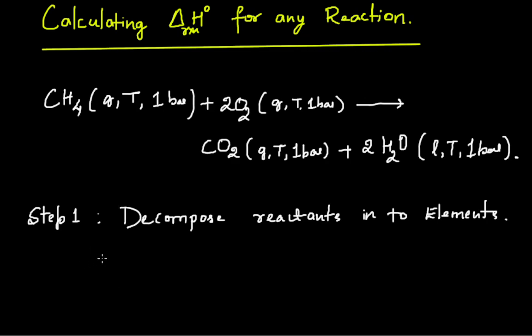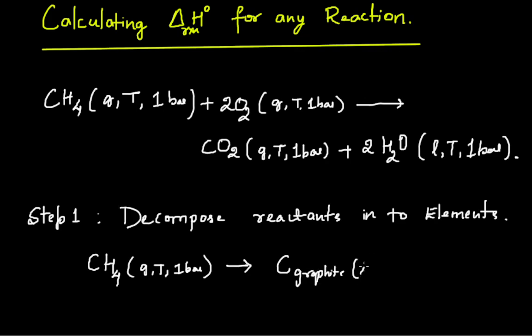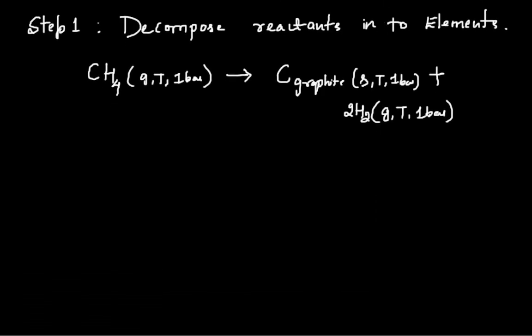Methane, if we decompose it, comes from graphite, the most stable form of carbon, which is a solid at temperature and 1 bar, plus 2 H2, which is gaseous, at temperature and 1 bar. So you have decomposed the reactants into elements.